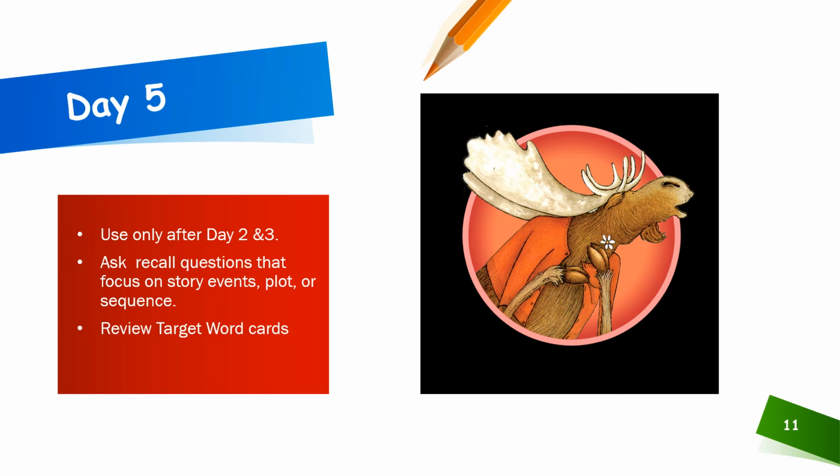And I'm not going to just ask this question blindly. I'm going to go to the front of the book. Then I'm going to ask what happened in the middle of the story, and I'm going to go to the middle of the book, prompt the children, and ask them those WH questions. And then I'm going to go to the end of the book and make sure that I ask them the WH questions as well of what happened at the end of the story.